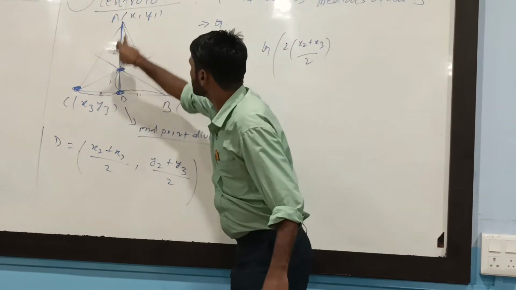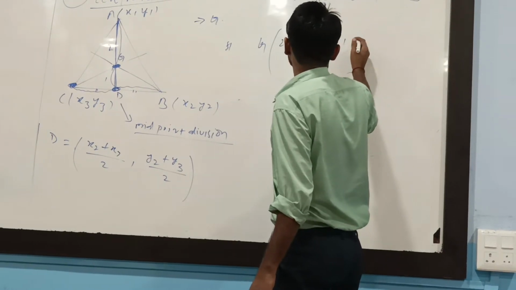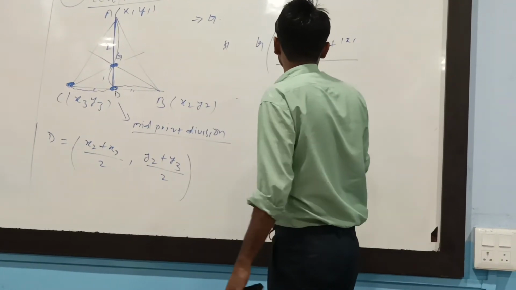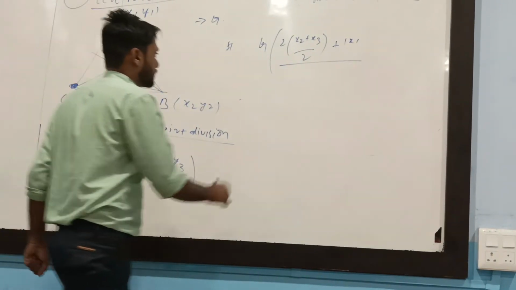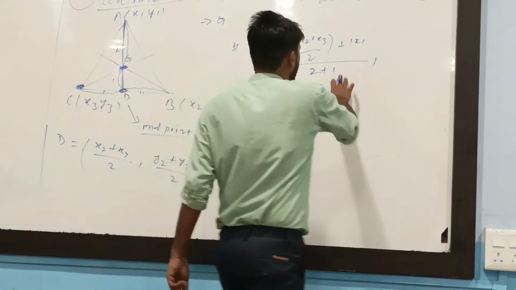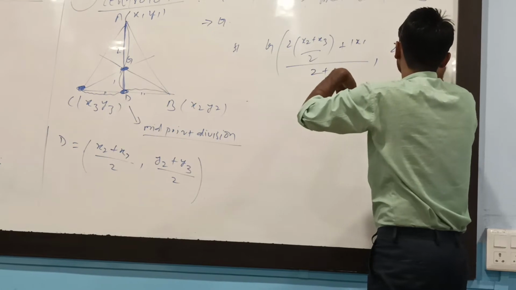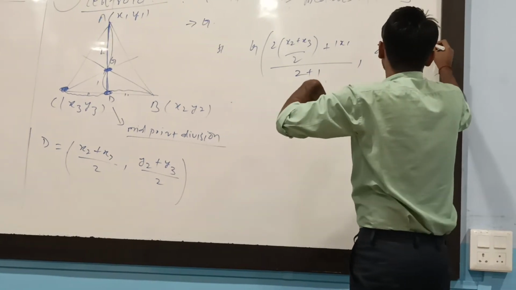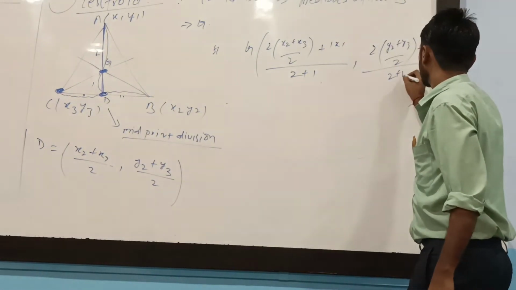So 2 into (x2 plus x3 upon 2) plus 1 into x1, upon 2 plus 1. Similarly the y coordinate you can find out: 2 into the y coordinate of D, that is (y2 plus y3 upon 2), plus 1 into y1, upon 2 plus 1.